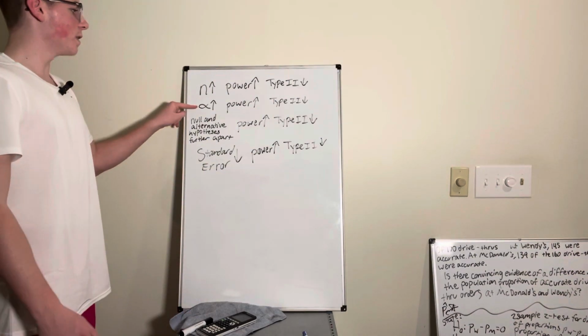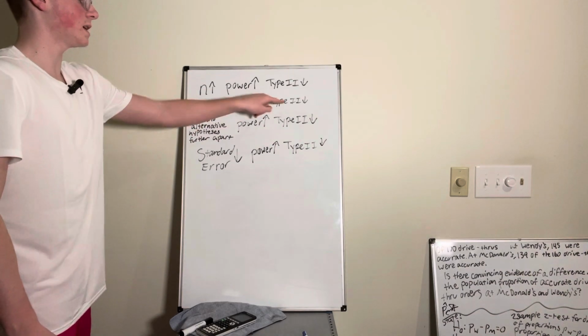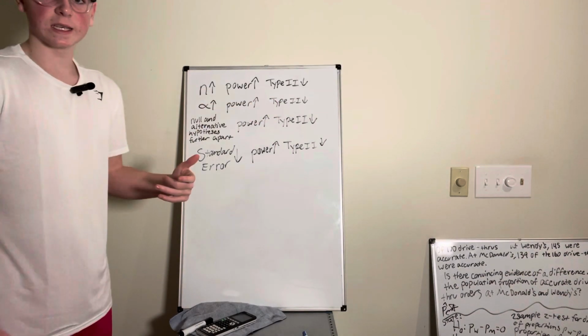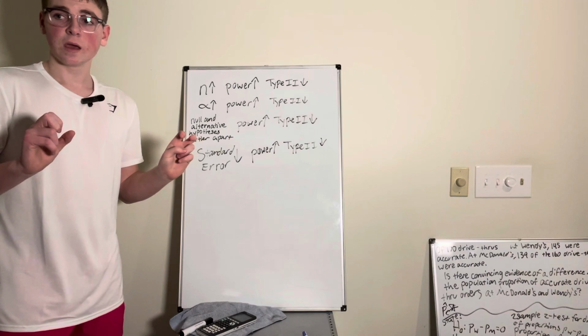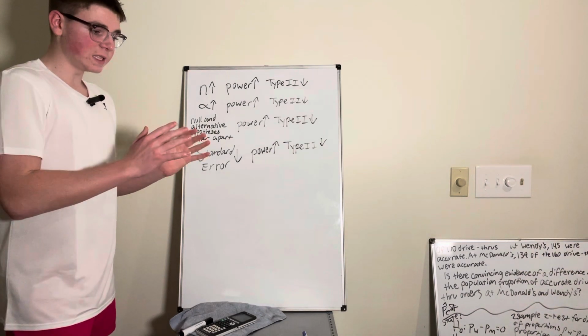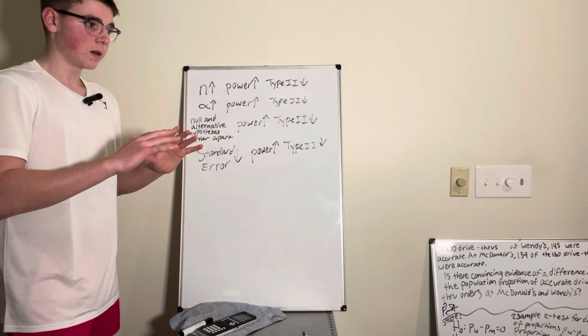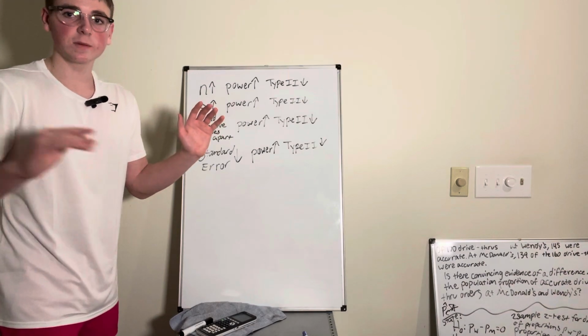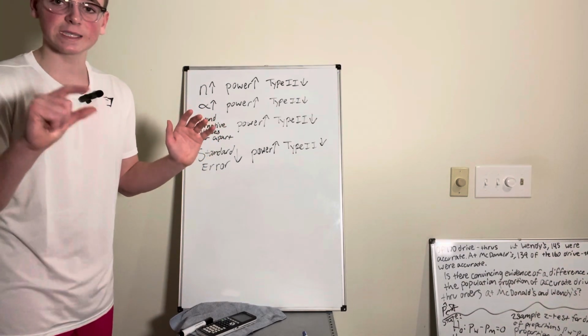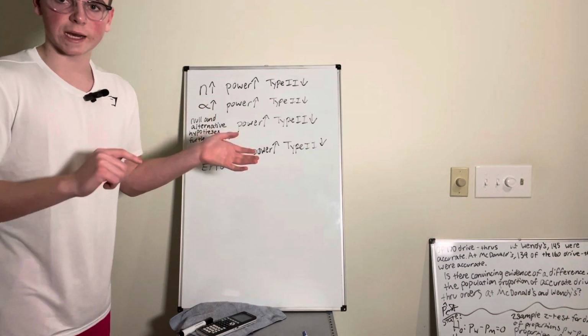Okay, if the alpha level goes up, then the power goes up and type 2 error goes down. And the reason for this is alpha level, your significance level, is like the 0.01 significance level means that the probability of something happening has to be less than 0.01, like happen less than 1% of the time for you to reject H0.